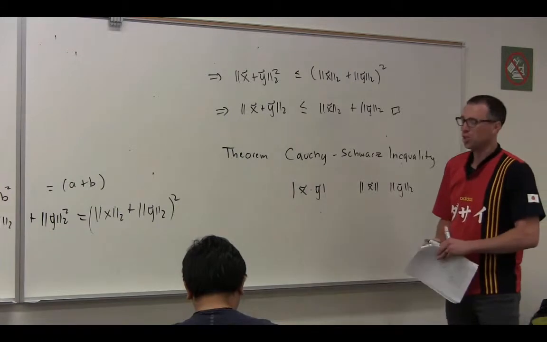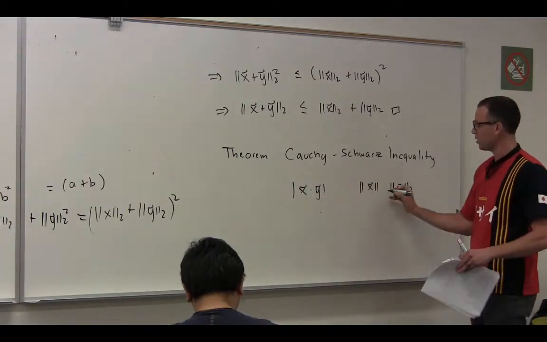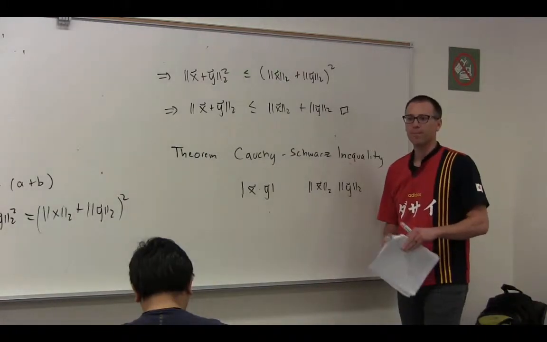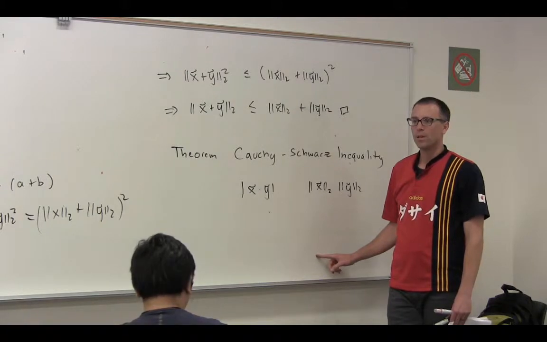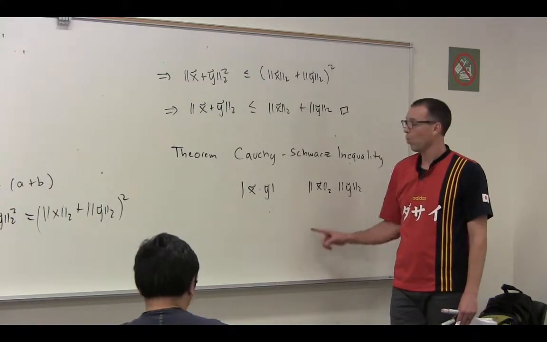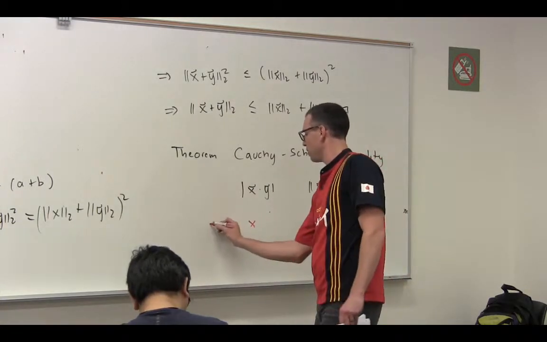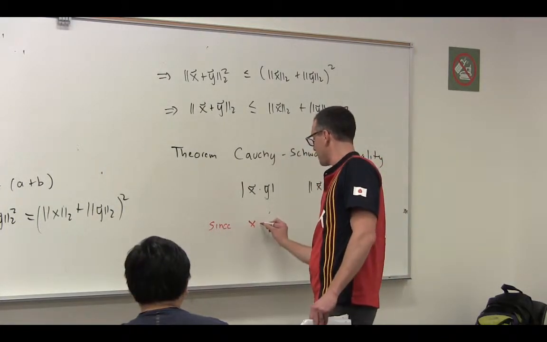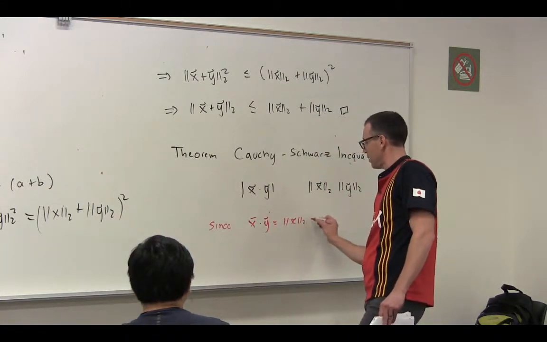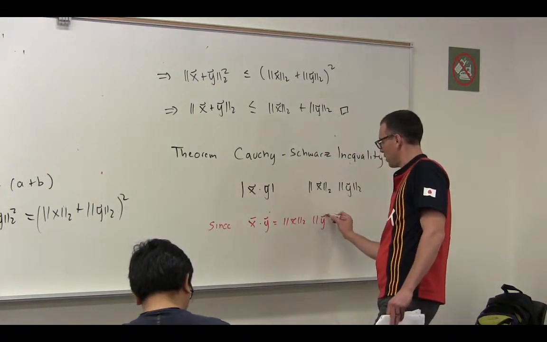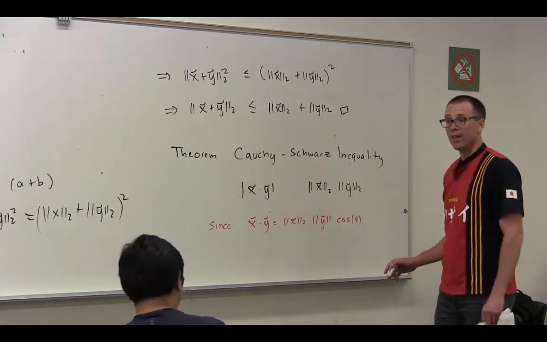What do you think the relationship is between the magnitude of the inner product and the product of the two norms? Well, what is the inner product? X inner product y was equal to the 2 norm of x times the 2 norm of y times the cosine of theta.